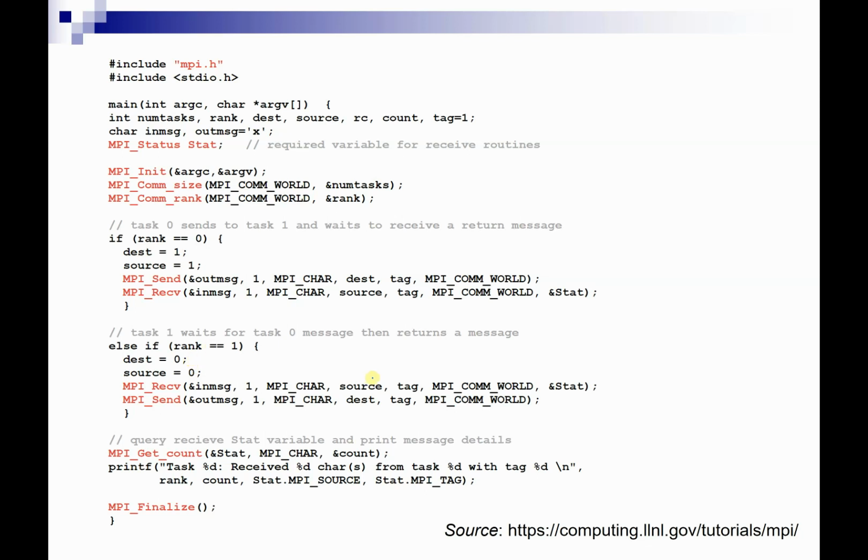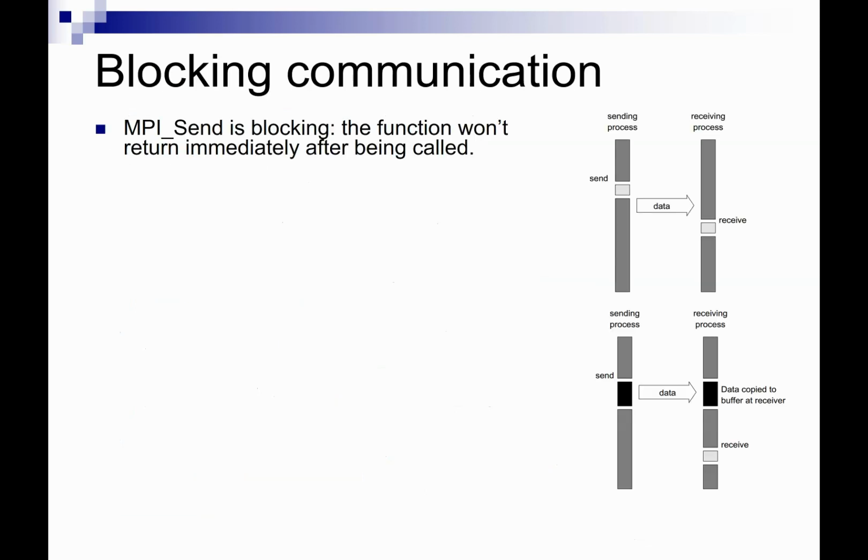I'm going to first of all receive a message from process 0, and then I'll send a message to process 0. And then lastly, both processes are going to print out that they received some number of characters from the other process. So that's how we use the send and receive functions.